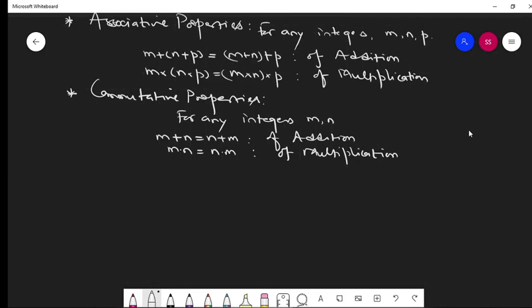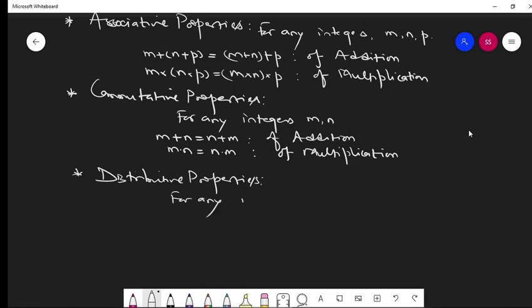And the last is the distributive property.